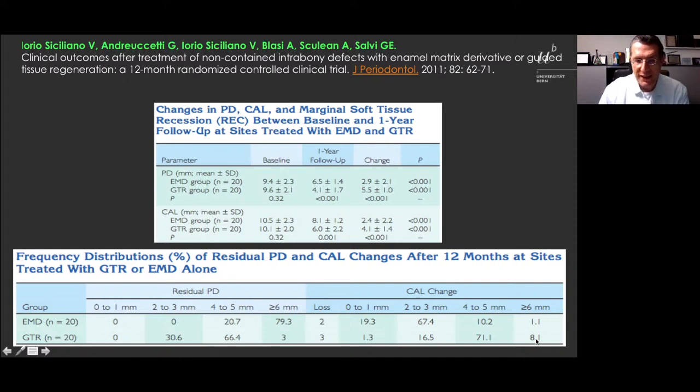If you look now at the outcomes obtained with EMD, then the majority of the cases improved 2 to 3 millimeters, about 67% of the cases, and some cases gained almost nothing. So this indicates that if we are able to stabilize the blood clot, the wound, we may be more successful.